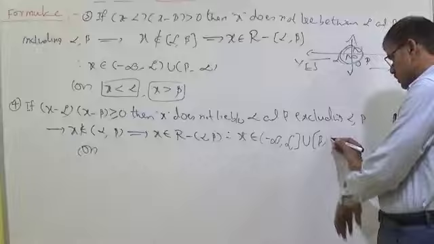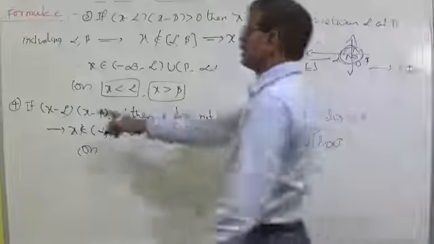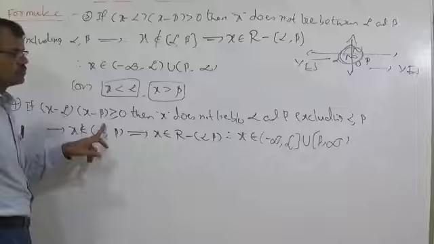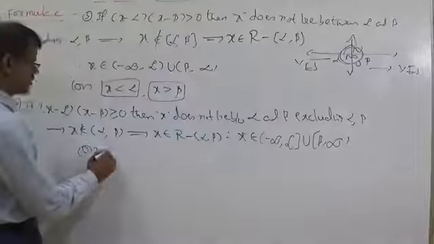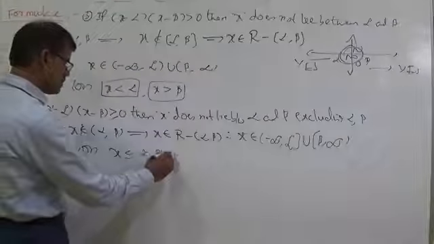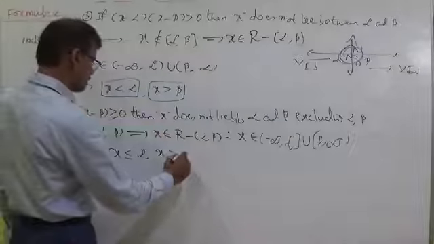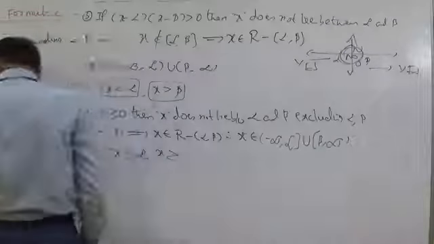Now substitute beta, beta comma infinity. Then beta minus beta becomes 0, so it is a closed interval. Or another notation: x less than or equal to alpha, x greater than or equal to beta.